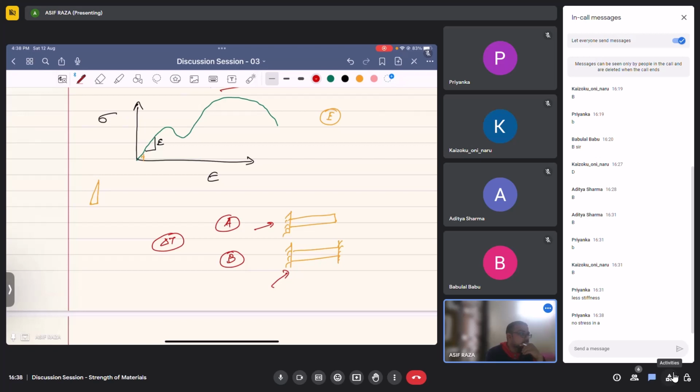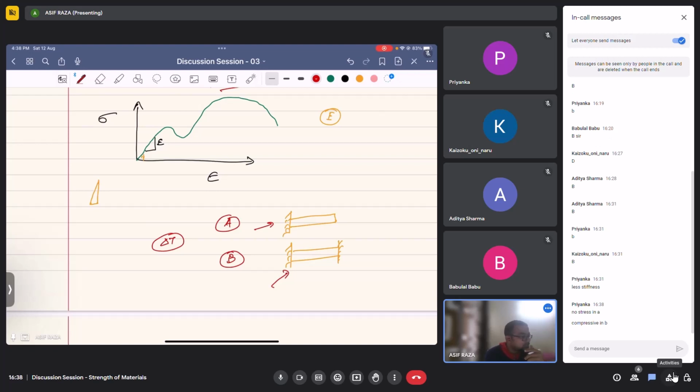What about in B? I increase the temperature. Okay, yes, you're quite correct. System A will develop no stress, and system B will develop compressive stress.